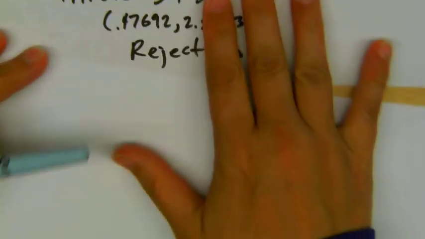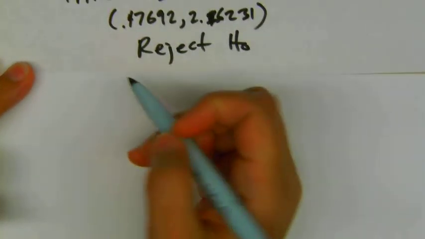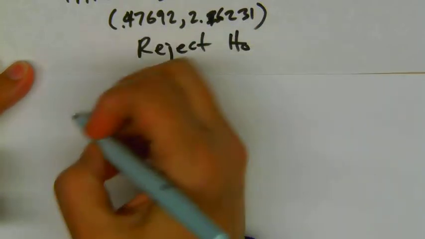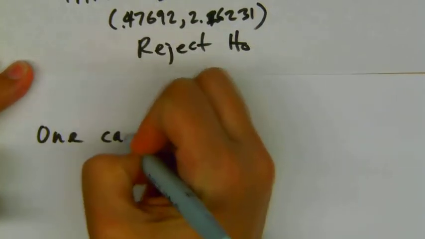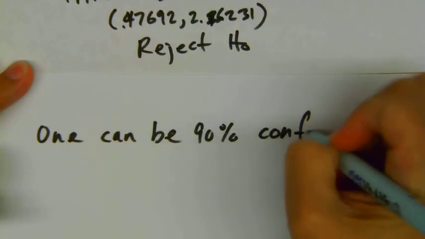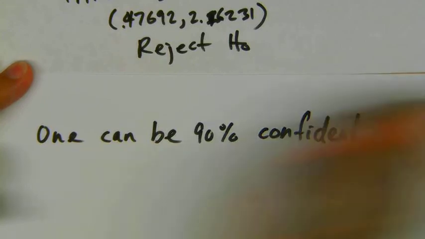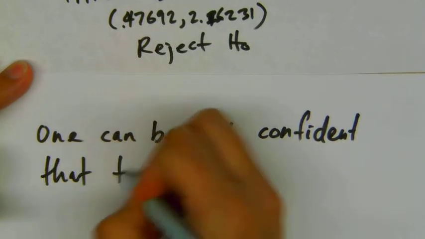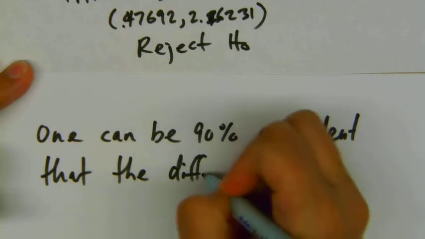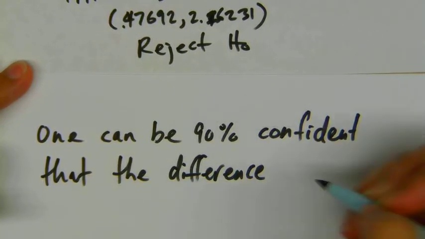So real quick, I know we're out of time. I've got a meeting myself here real quick. But if I asked you to interpret that value, don't forget to put your confidence level in there. So one can be 90% confident that the difference, you should have average or proportion in here, depending on the context of the problem, right?